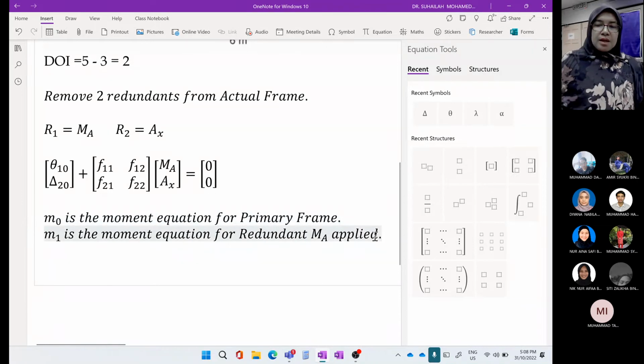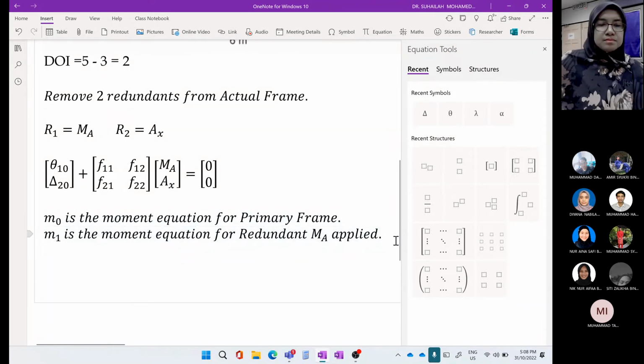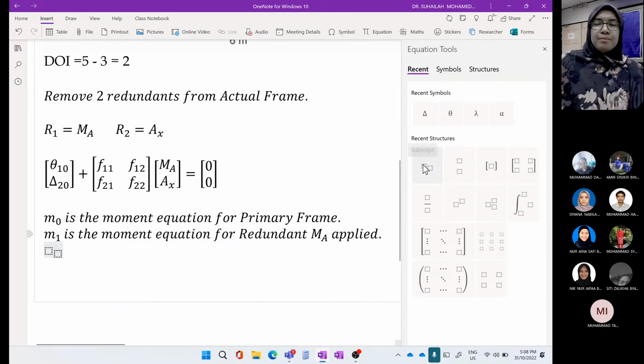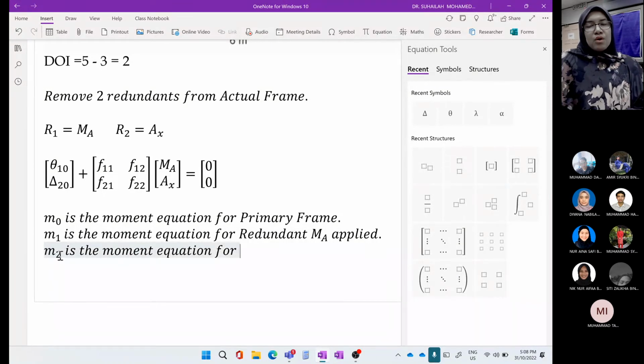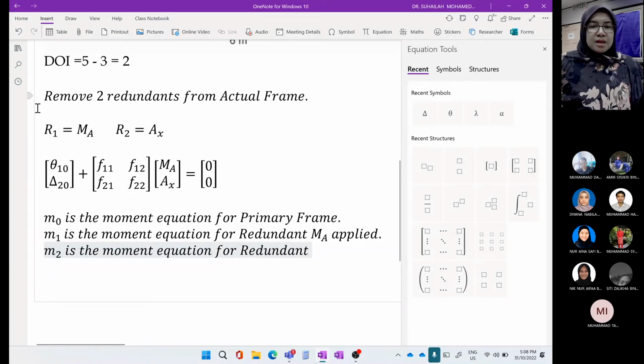Okay, MA applied, and M2 is the moment equation for redundant AX applied.